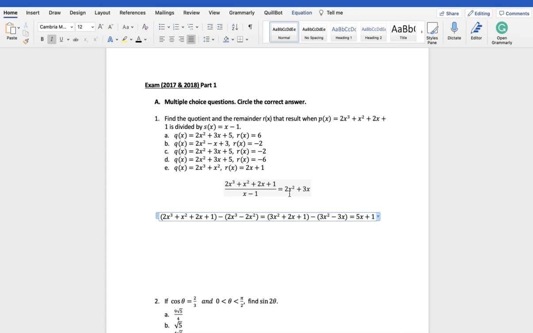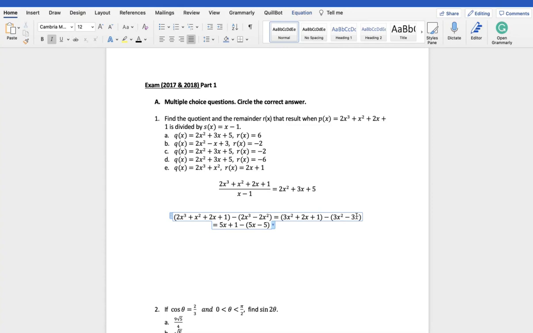When you divide the 5x plus 1 by the x there, you get 5, so plus 5. And then when you multiply the 5 with the x minus 1, you get 5x minus 5, and this just gives you 1 plus 5, which is just 6.